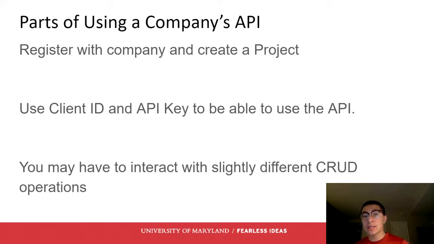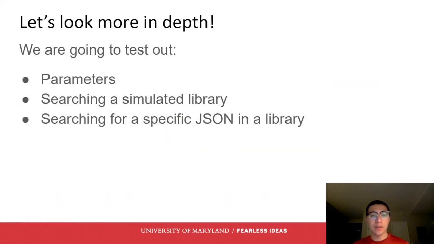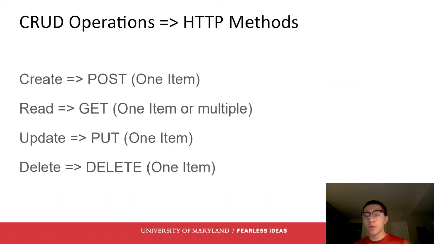You have to have those things in your file ahead of time in order for any of this to work, or else it won't be able to authenticate, and then it just won't run anything properly. And again, you might have to interact with some slightly different CRUD operations, so with post and get and put and all those different ones that we talked about before.